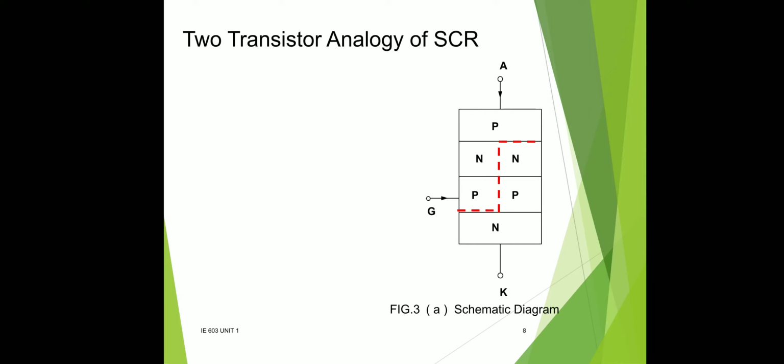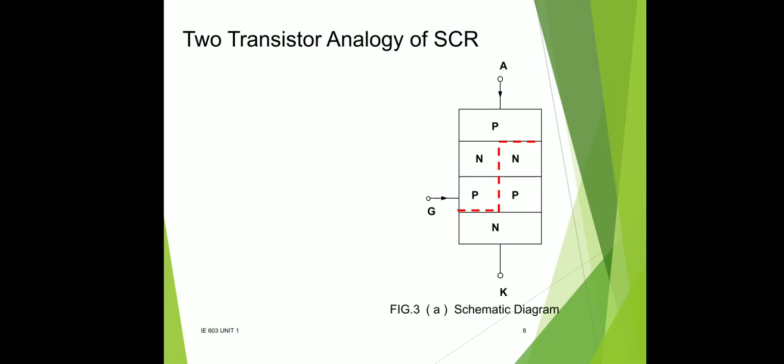These are the PNPN four layers, that means you will get three junctions J1, J2 and J3. If the anode is positive, junction J1 will be forward biased, and the cathode is connected to the negative, that means junction J3 is also forward biased. Junction J2 is reverse biased.